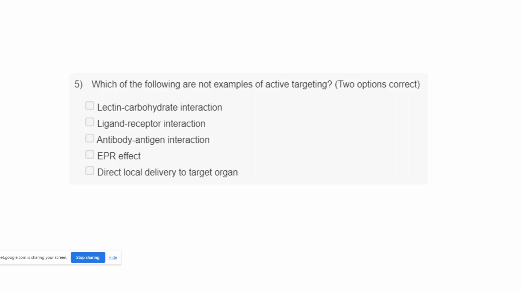Okay, here is the fifth question. Which of the following are not examples of active targeting? You have to select two correct options. Lectin carbohydrate interaction, ligand receptor interaction, antibody antigen interaction, EPR effect, direct local delivery to target organ. Ma'am, last two options. Okay. Others?